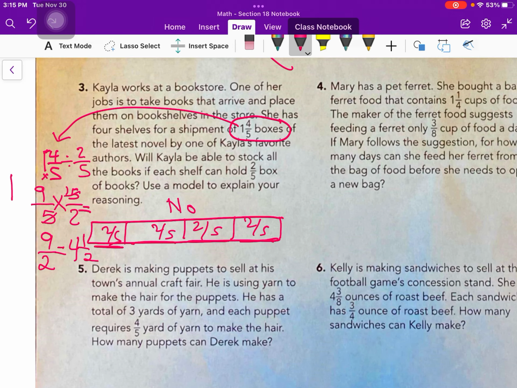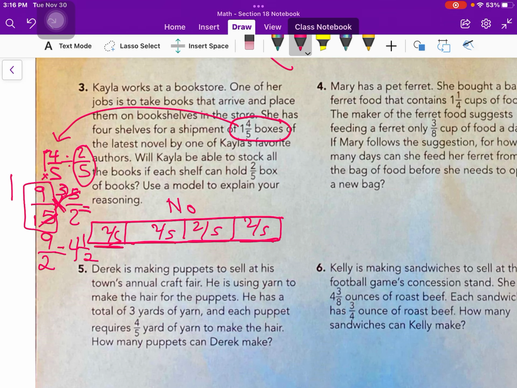So over here we changed the first number to an improper fraction and got 9/5. Then we changed our sign, and then we flipped the second fraction to make it 5/2. After that, we found a place we could simplify, 5 and 15. And we said 5 goes into 5 once, 5 goes into 15 3 times.